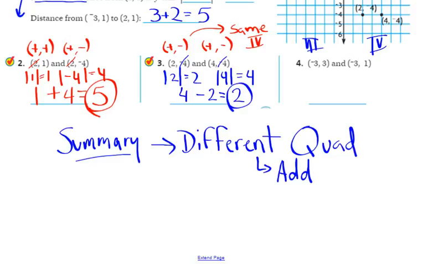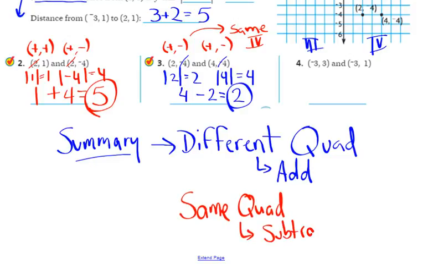If you are in the same quadrant, then you will always subtract absolute values. That's really what you have to remember to keep this stuff straight.